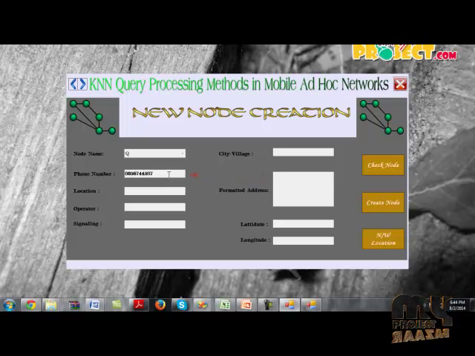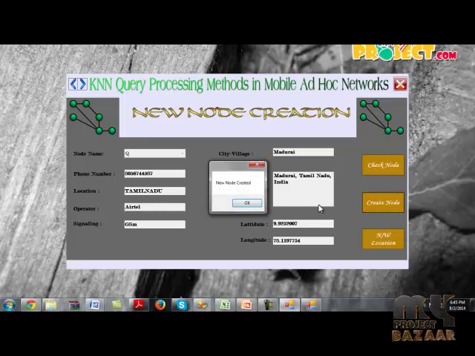Then you should type the mobile number. After clicking the tab, the mobile number, location and operator signaling will be fetched automatically and displayed. By typing the address, it will fetch the permanent address and the latitude and longitude. By clicking create node, the node will be created.